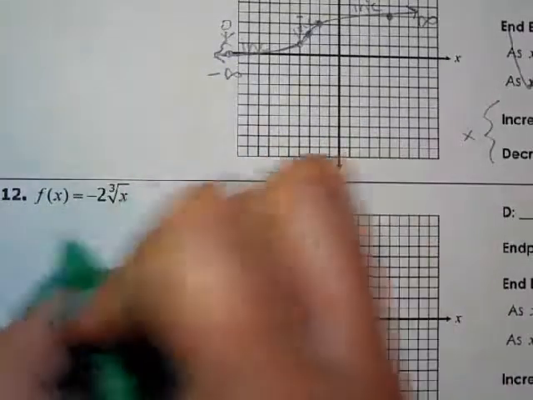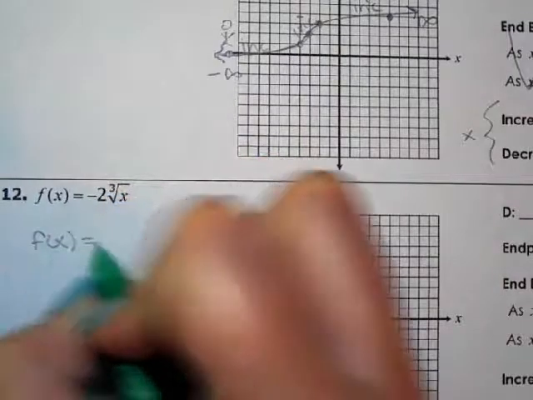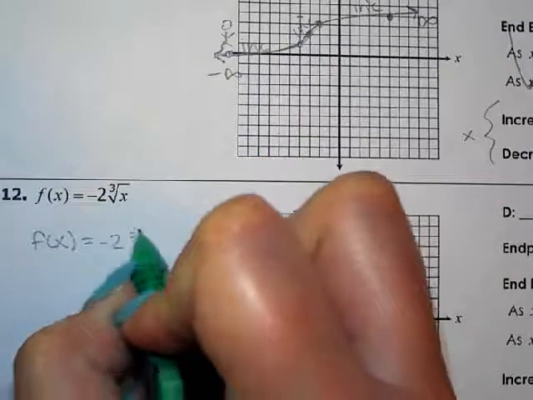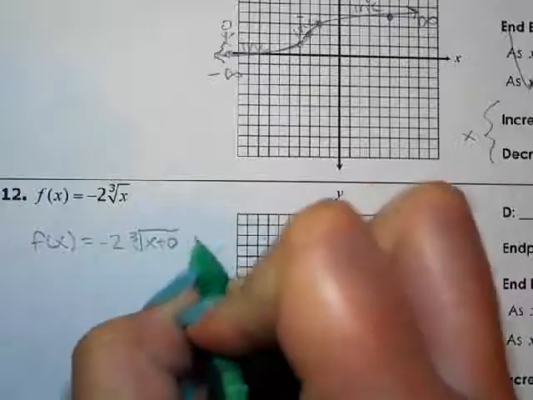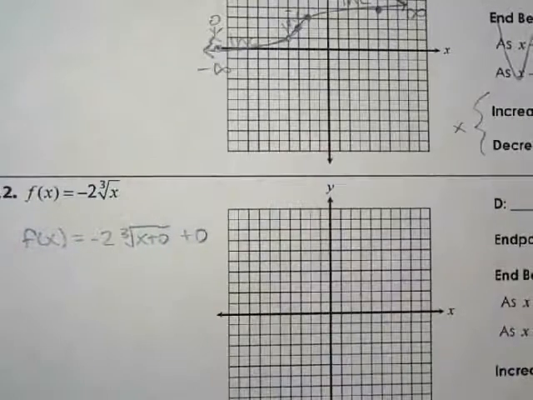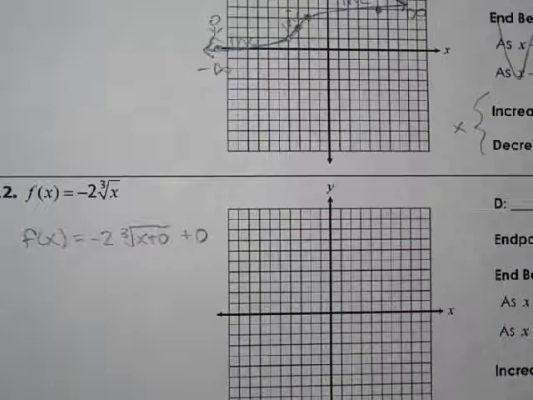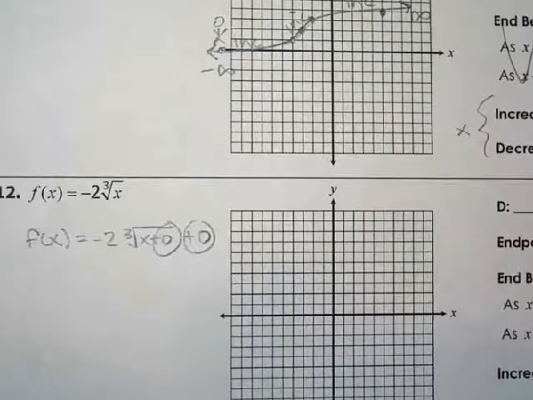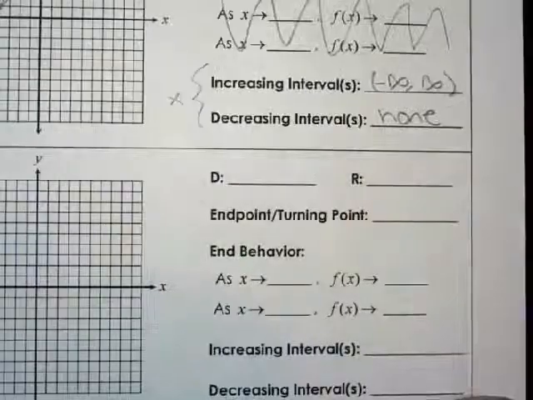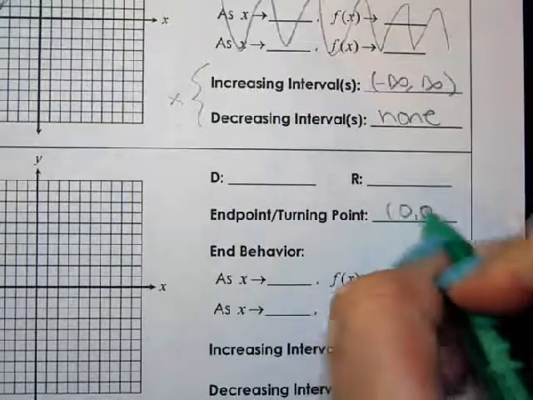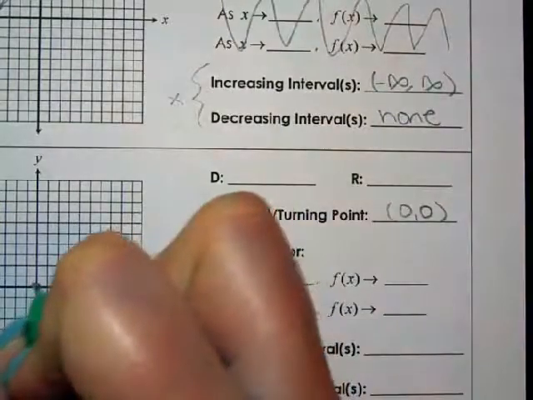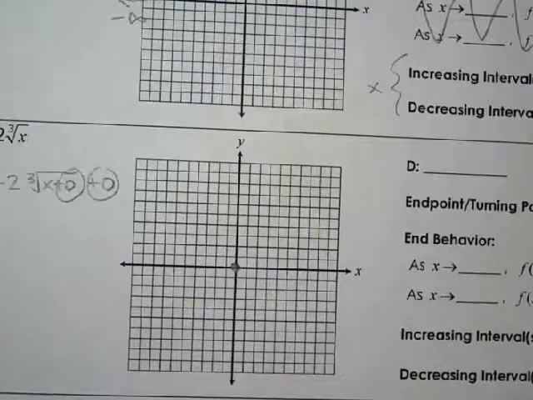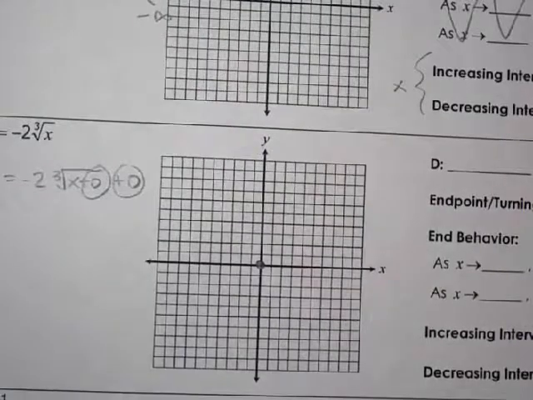So what is the turning point? 0, 0. So you can plug in the version with the zeros, or you can plug in the version without the zeros. It does not matter.